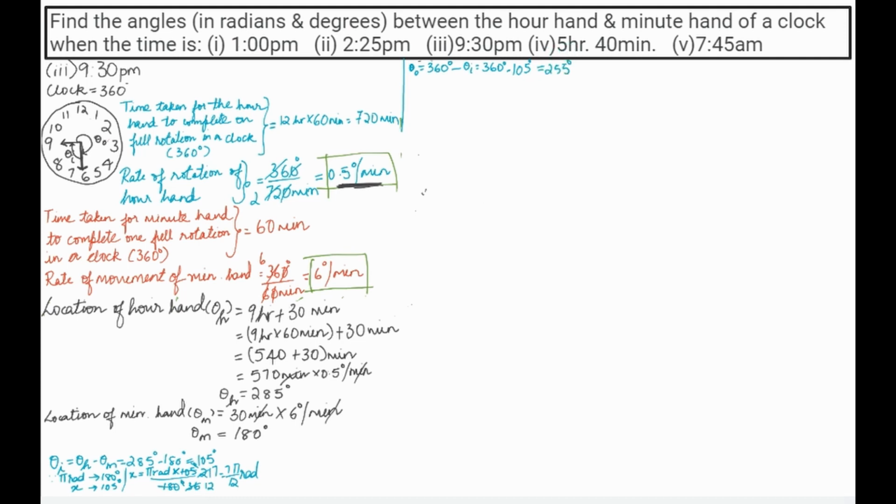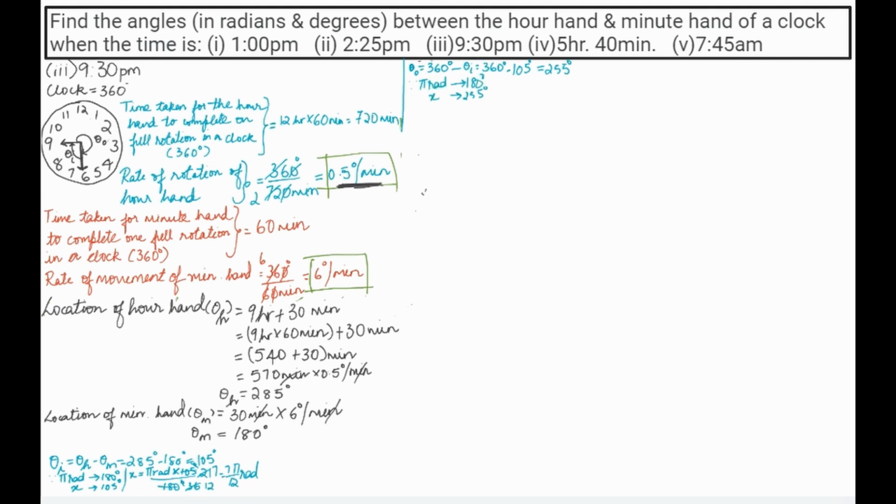In terms of radians, for all, pi radians is equal to 180 degrees. So how much is 255 degrees in radians?